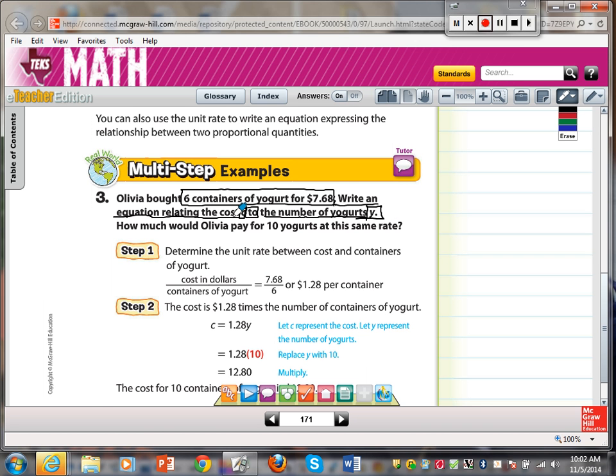So cost is now going to be the letter C, and yogurts is going to be the letter Y. How much would Olivia pay for 10 yogurts at this same rate? Well, just like before, first you got to set this rate up into a unit rate. So we're going to set it up as $7.68 money over containers, 6 containers of yogurt.